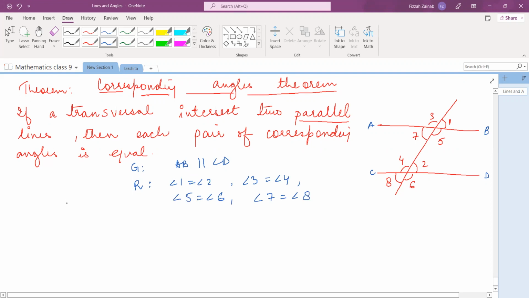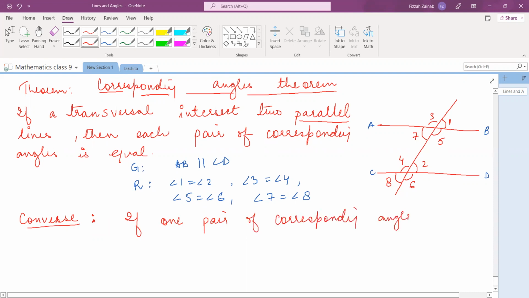Now, I'm not writing the statement of the converse, but I think you will understand it. The converse is also true. The converse will be this: if one pair of corresponding angles is equal, then the given lines are parallel.